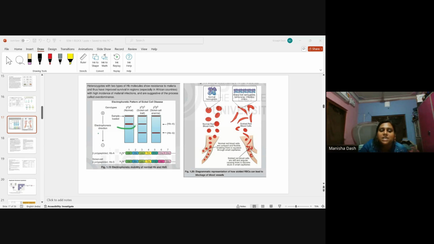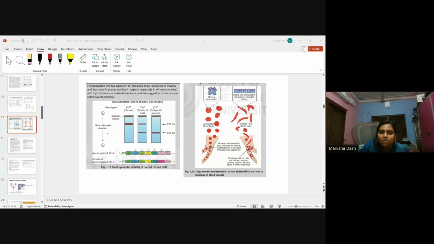So this is representing a normal globin gene. But if there is a mutation, because of the substitution of glutamic acid to valine, this creates a restriction site in the beta globin gene. So what will happen in that case? The restriction enzyme can cut it, and if it can be cut, smaller fragments will be there.